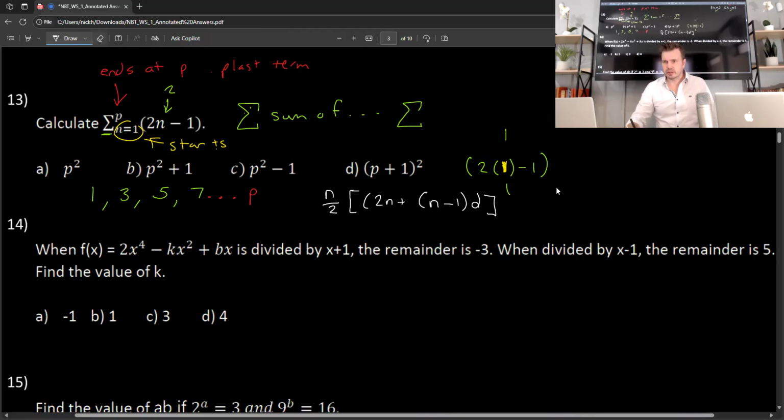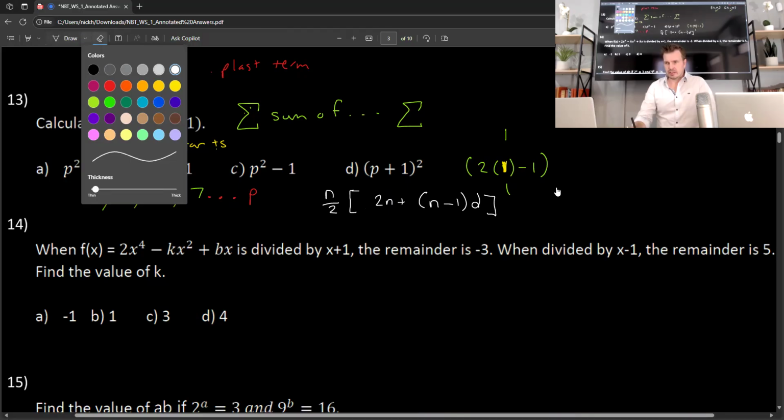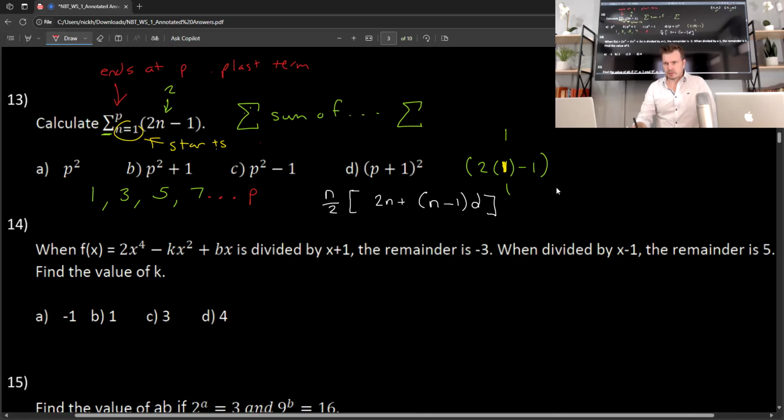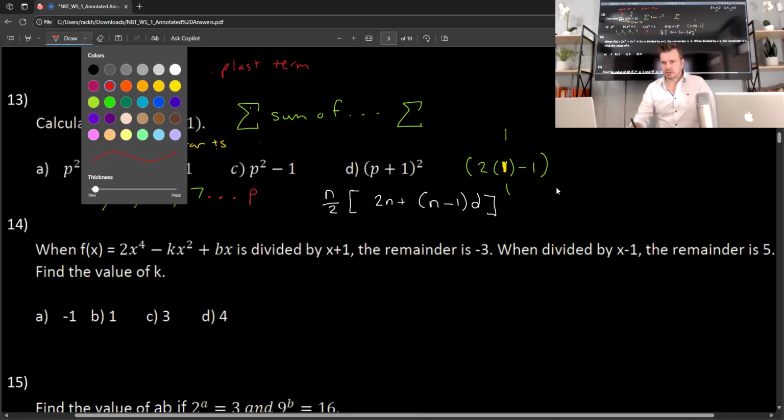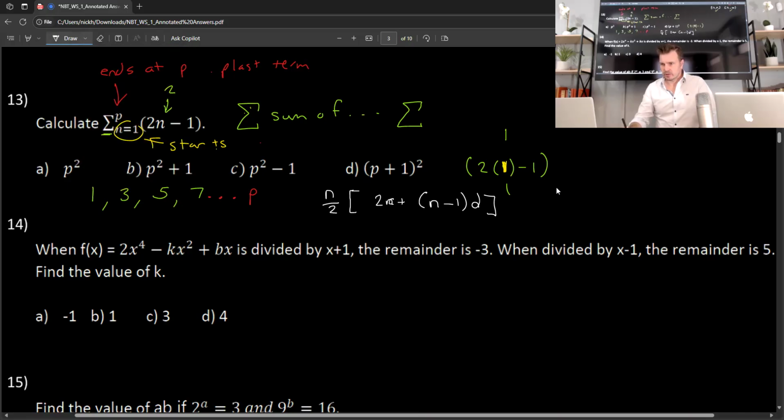So I can just sub in my values. Here n is the number of terms. This is a bit confusing because they put n as the first term. But remember, these are just letters to indicate stuff. If they call this an n, it doesn't suddenly mean that I can put that as our n here, because a is our first term. This must be 2a plus n minus 1 d.